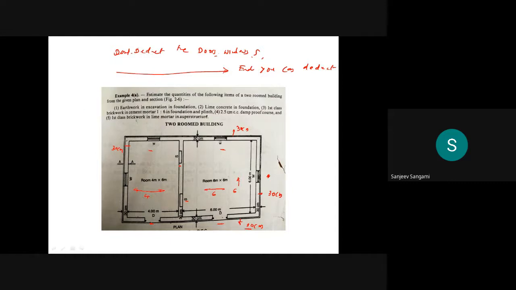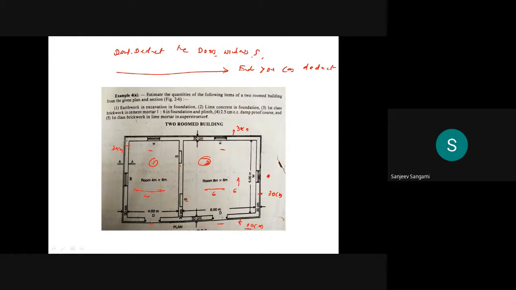You can consider this as the first room, and this is your second room. Of course, the center line method is very easy. You start with the long wall and short wall method itself. First, find out how many long walls there are. We have two long walls and three short walls.